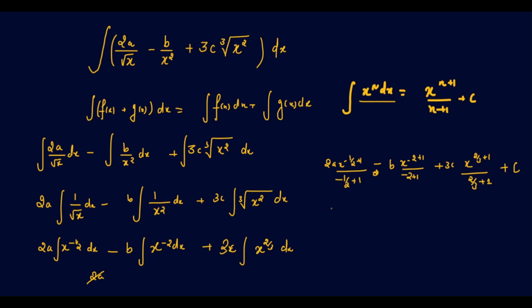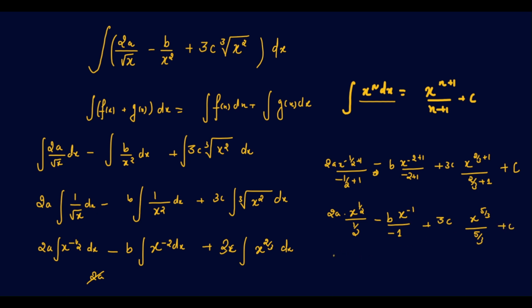So everything will turn out to be like 2a into x to the power 1 by 2 upon 1 by 2 minus b x to the power minus 1 upon minus 1 plus 3c x to the power 5 over 3 over 5 over 3 and plus c.